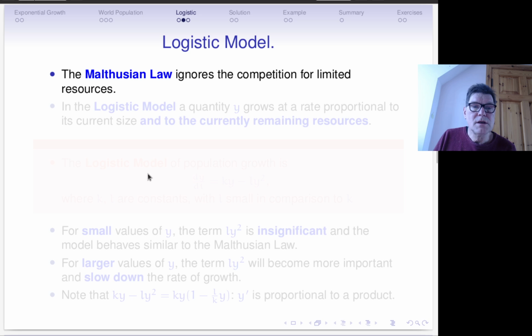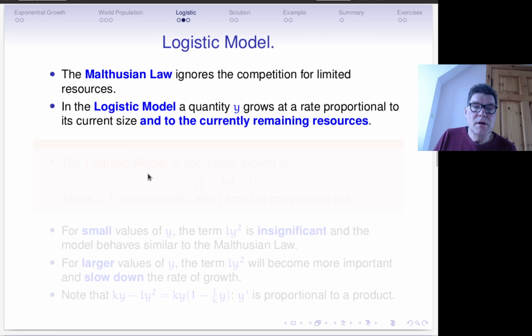And this will be the basis of the logistic model, where we describe the growth of a quantity to be proportional to its current size as before, but also at the same time proportional to the currently remaining resources. And how this is done precisely will be the subject of the next video.